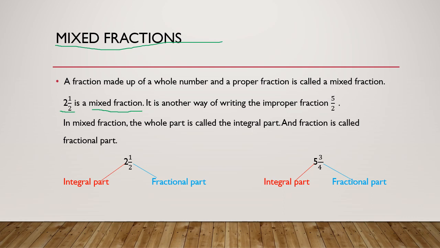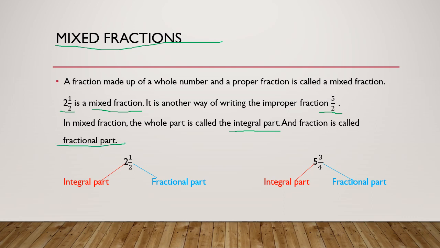This mixed fraction is another way of writing the improper fraction 5 upon 2. This 2 whole 1 upon 2 is another way of writing improper fraction 5 upon 2. In a mixed fraction, the whole part is called the integral part and the fraction is called the fractional part.